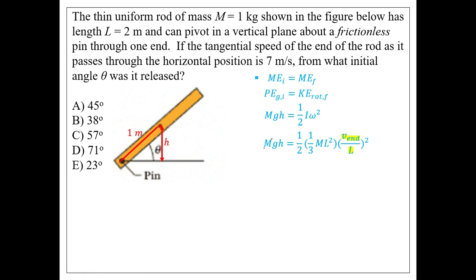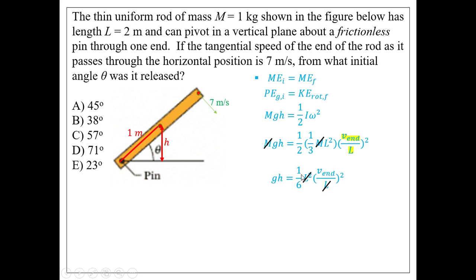All right, other than that though, I'm just going to start canceling stuff out. M cancels out, and then L squared is also going to cancel out. Sorry, here I forgot that I did this for you. I just drew the 7 meters per second at the end of the rod, because that's what's given in the problem. I'm just going to cancel L squared out, because the L on the bottom has the exponent on the outside, so you're going to square the top and also square the bottom.